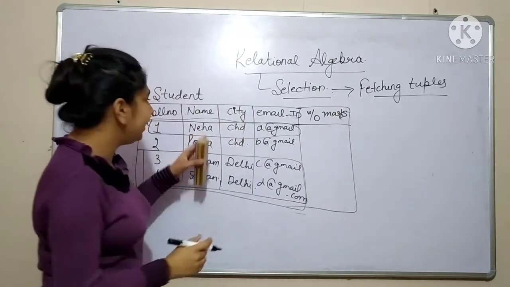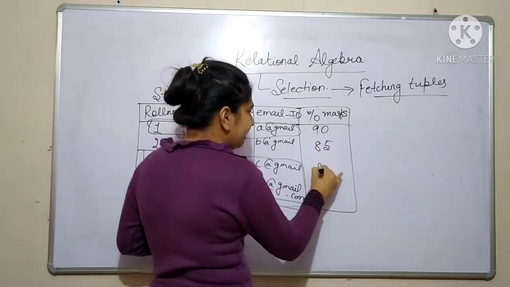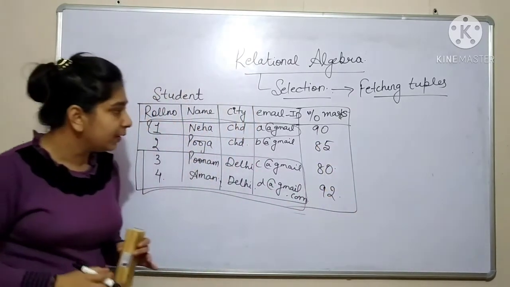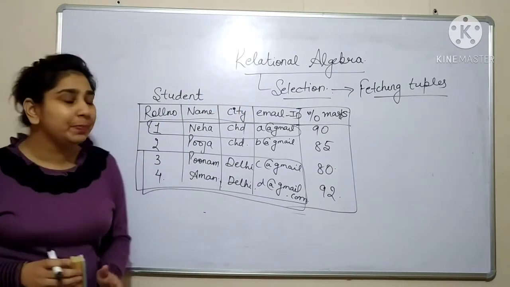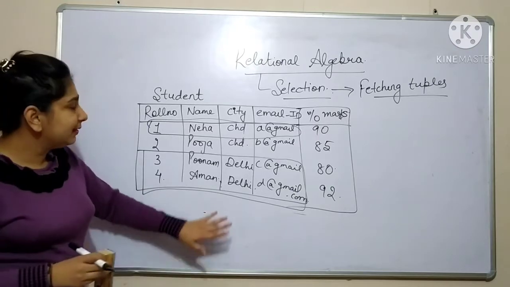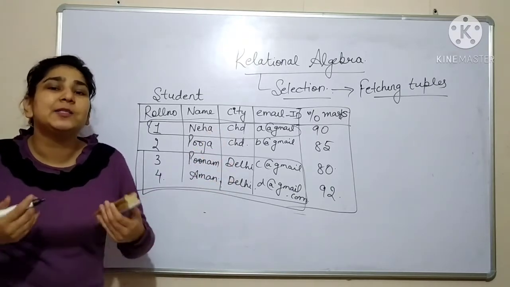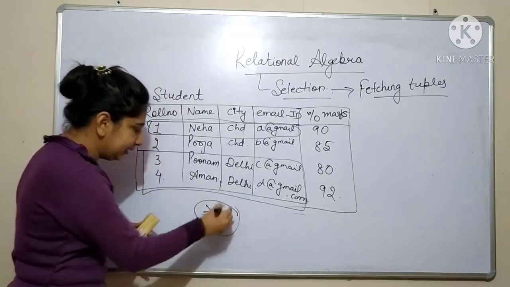Neha has 90%, then 85%, 80%, and 92%. I want to fetch the details of all students whose marks percentage is greater than or equal to 90.